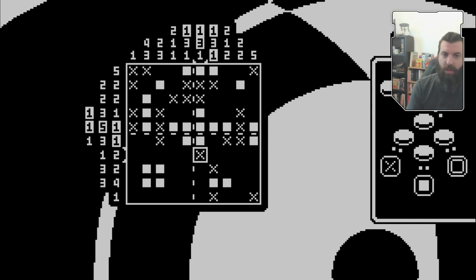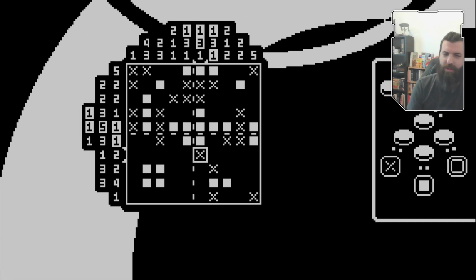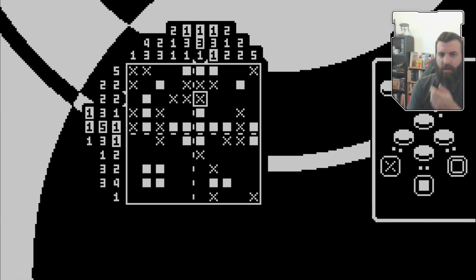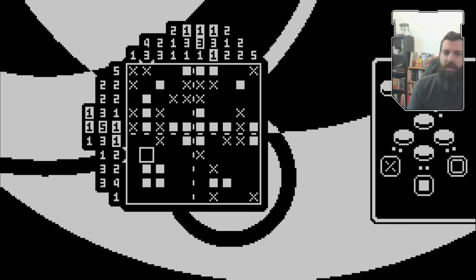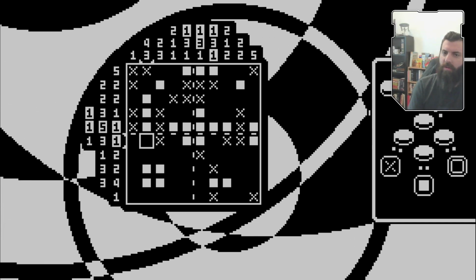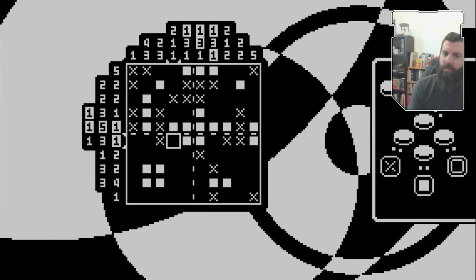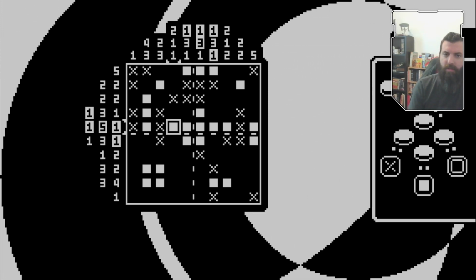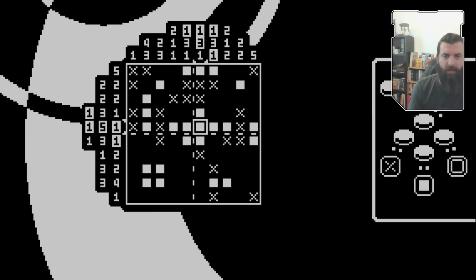Fortunately, it doesn't really help us with our horizontals. Vertically, we're not really helped there. Will be part of it too. Got a lot of them.